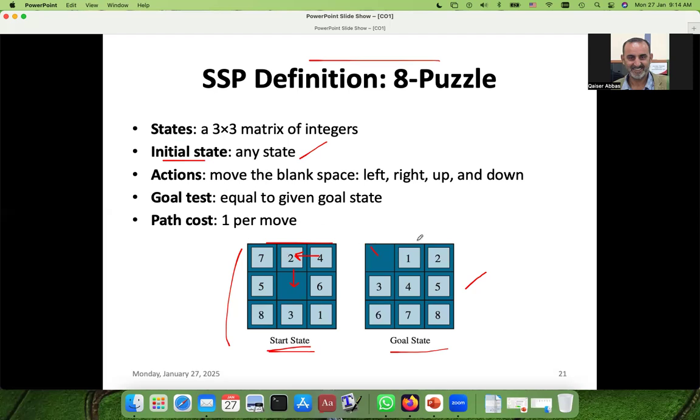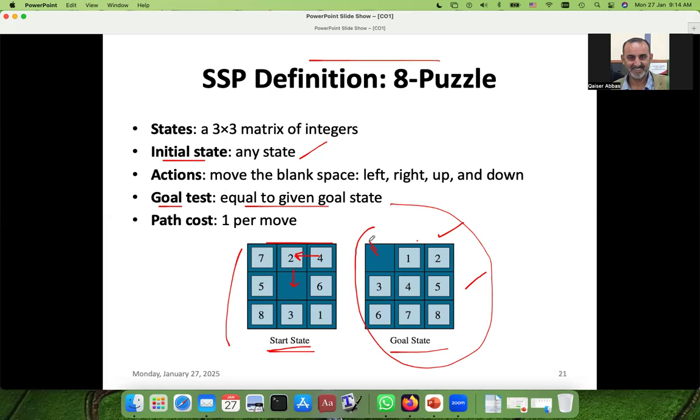And what would be the goal state? Goal state is equal to the one given in this diagram. This is the goal state: all blocks in order and space in the beginning slot.